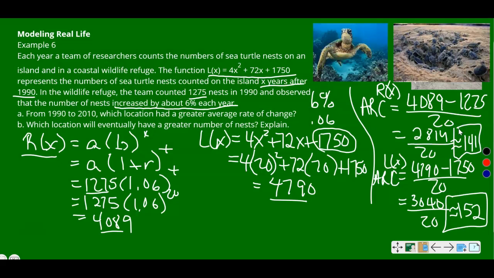141. So again, R of x is the refuge. L of x is the island. Okay, so the average rate of change here is about 141. And the average rate of change here is about 152.